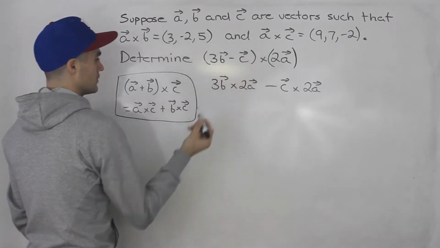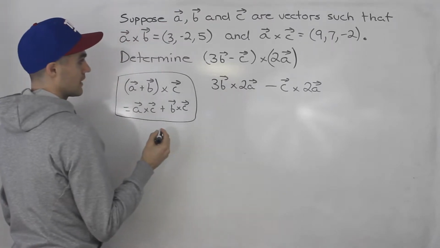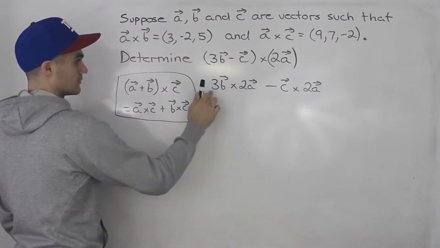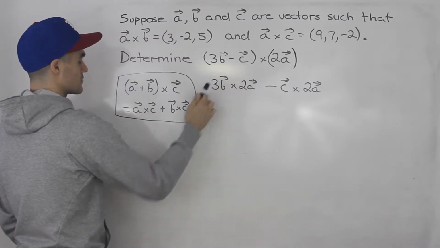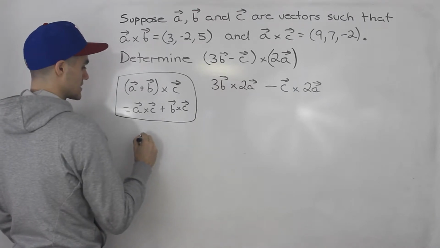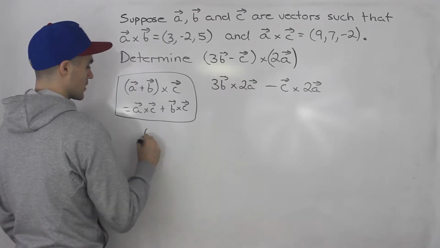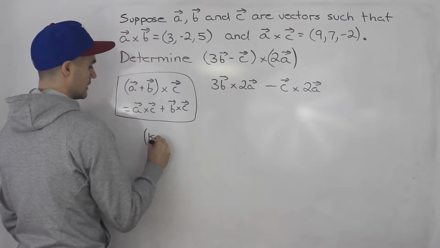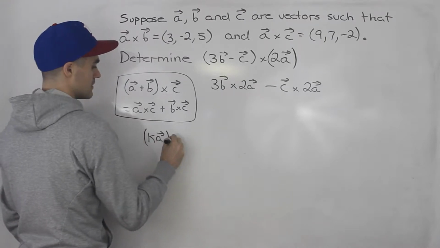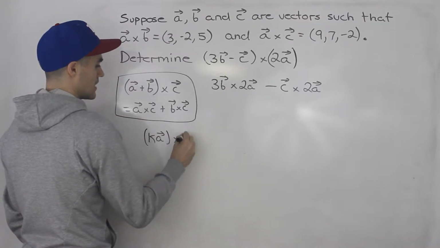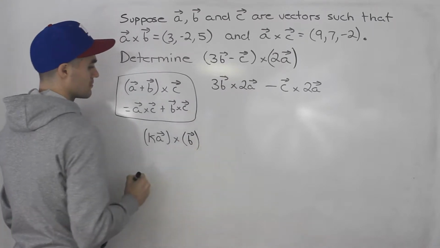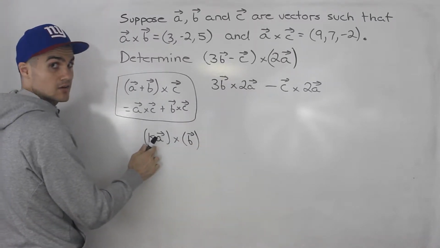We basically distributed. And then we can take out a scalar, these scalars here, the 3 and 2. What that means is, let's say you're taking the cross product between kA and vector B by itself. This k is a scalar.